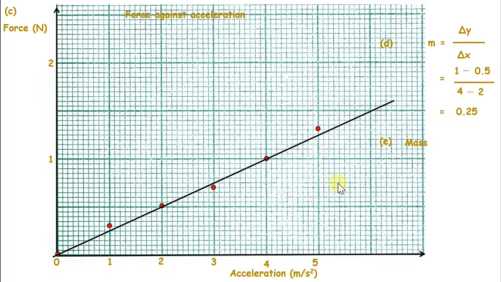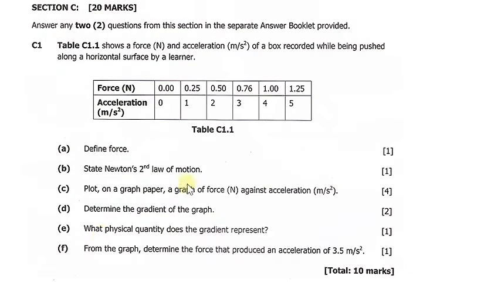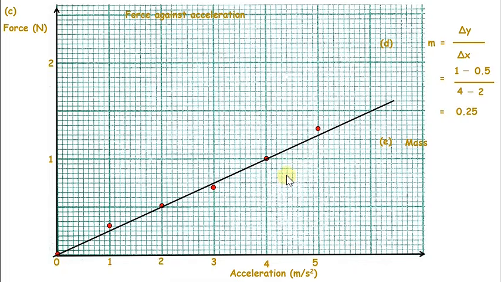Then we go to the other question, which is F, from the graph determine the force that produces an acceleration of 3.5 meters per second. So come to the graph. So come at 3.5 here. This is 4, this is 3, middle here, it is 3.5. You draw a line here. When it reaches the graph, you follow that line here.